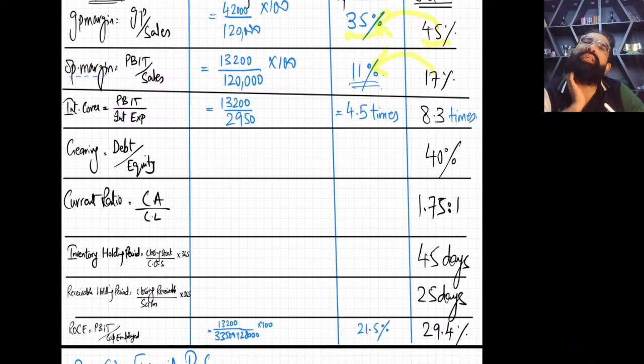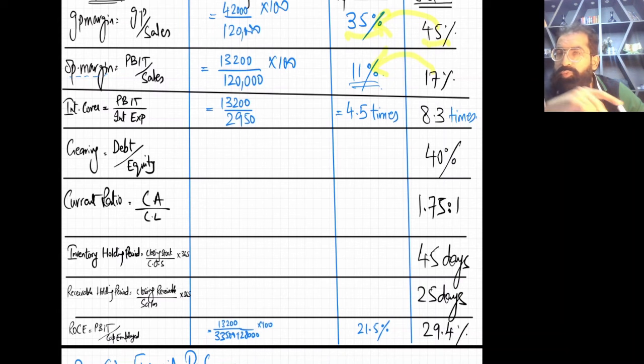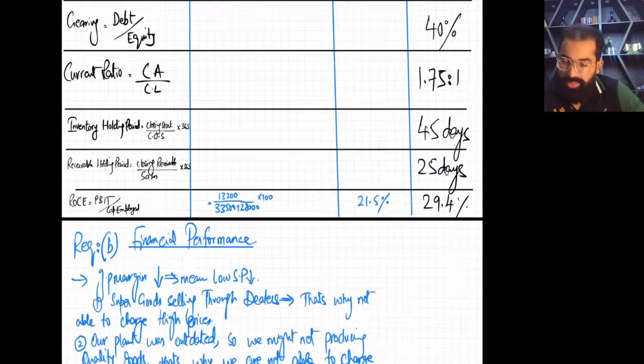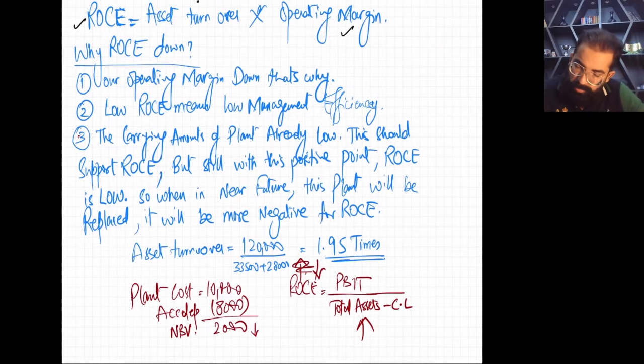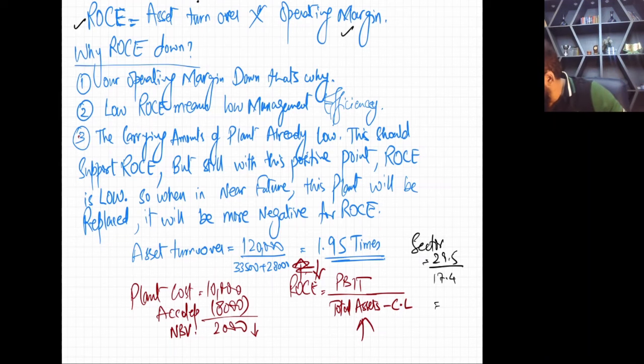Do 29.4 divided by 17, and you will get the asset turnover of the industry. This will be 1.72 times.